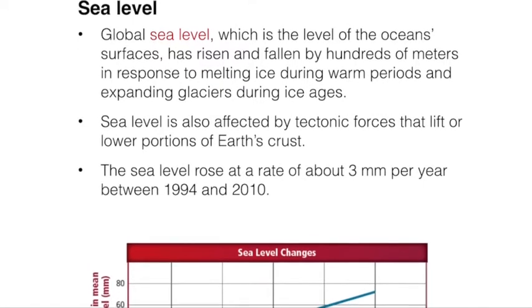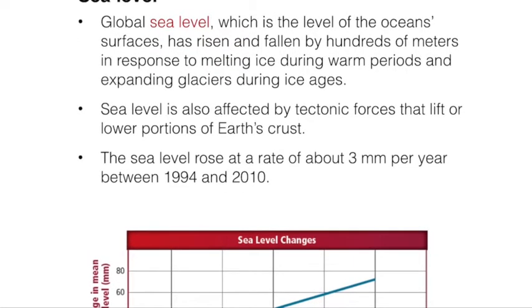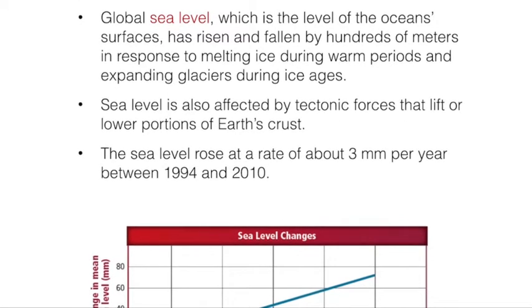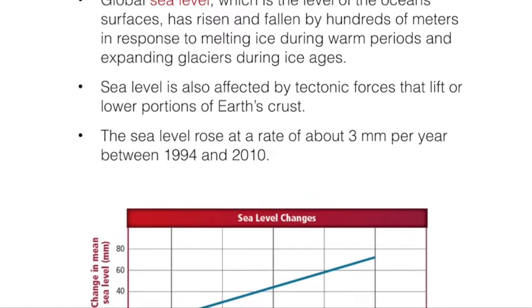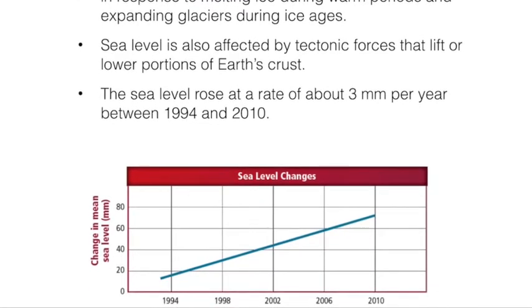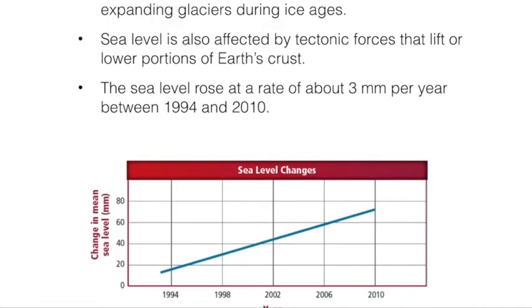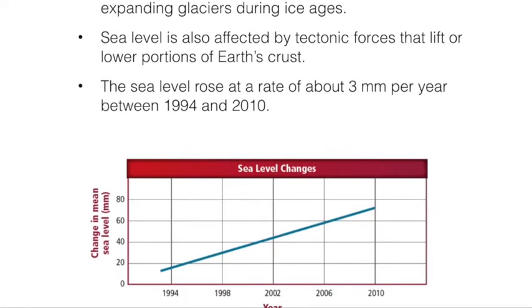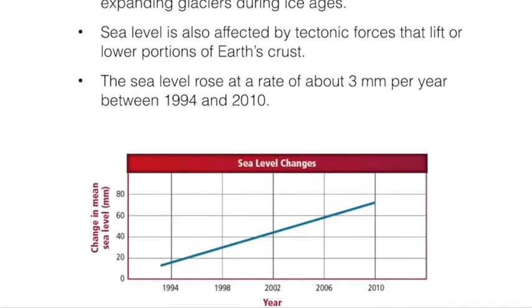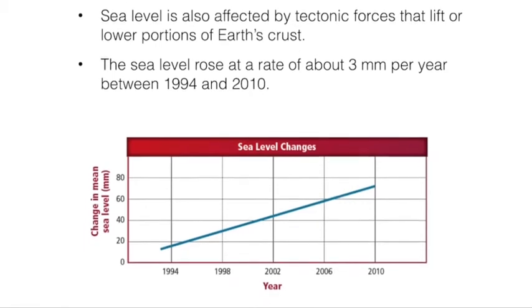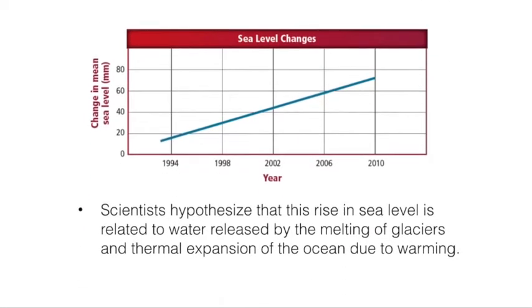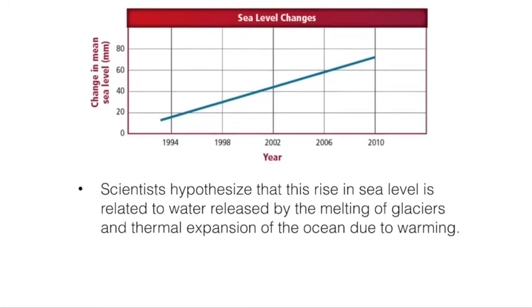When we were talking about climate, we saw that the sea level can rise as frozen water melts. If you have a warming planet, you would expect to see the surface of the water rise, so the sea level rises. Within about the last 10 years, we've been getting about a 3 millimeter per year rise, and the hypothesis is this will continue.